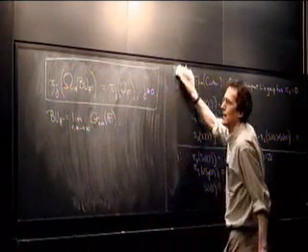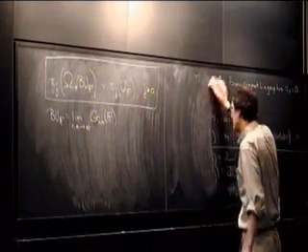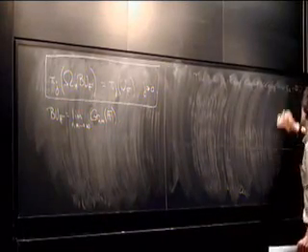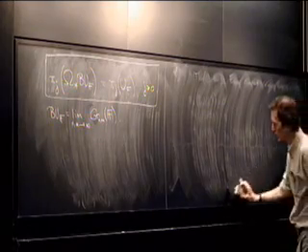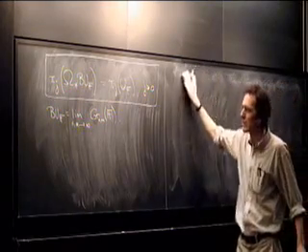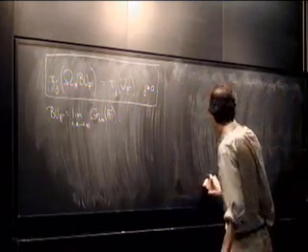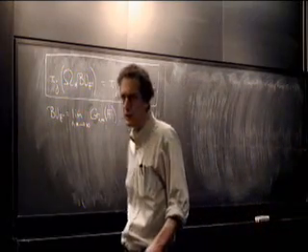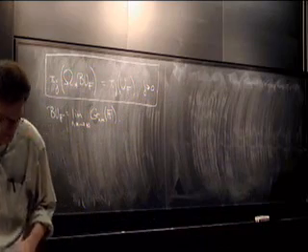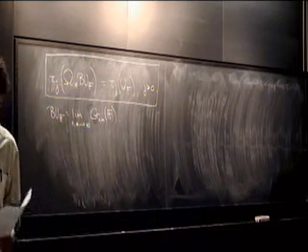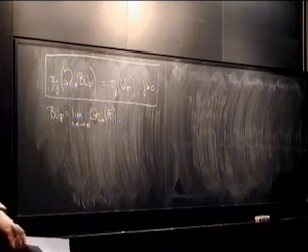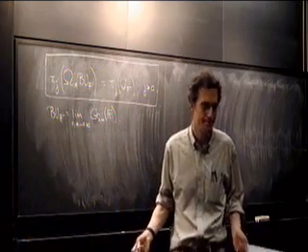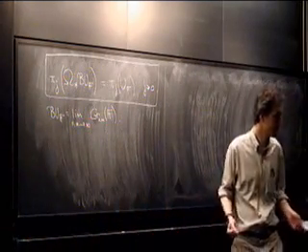Now, you might be tempted to conclude that the loop space on BU, or if you prefer, the loop space on the Grassmannian for large n and m, is homotopy equivalent to the unitary group. Right? You might be tempted to conclude that because the homotopy groups are isomorphic. Yes?